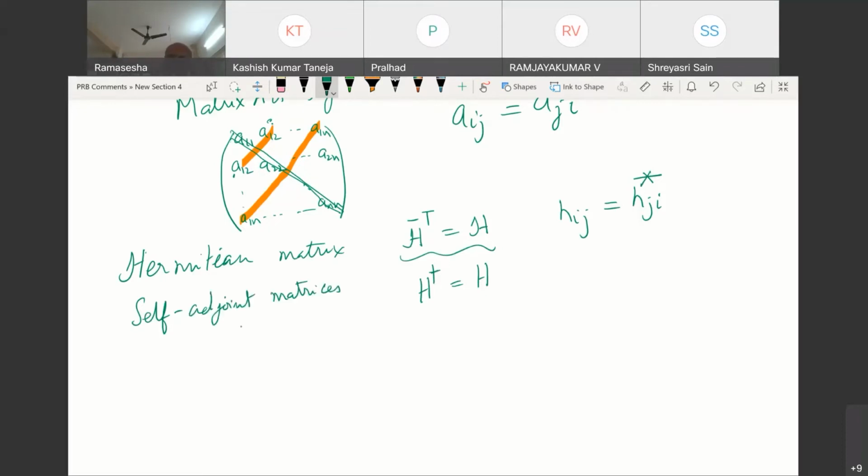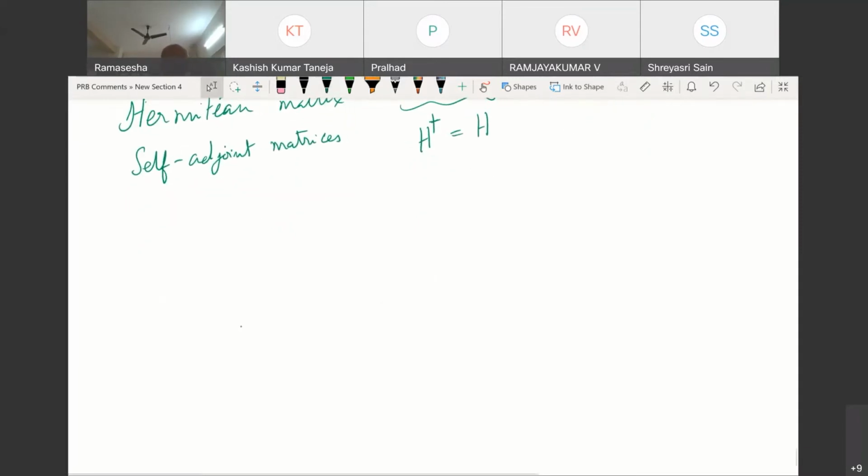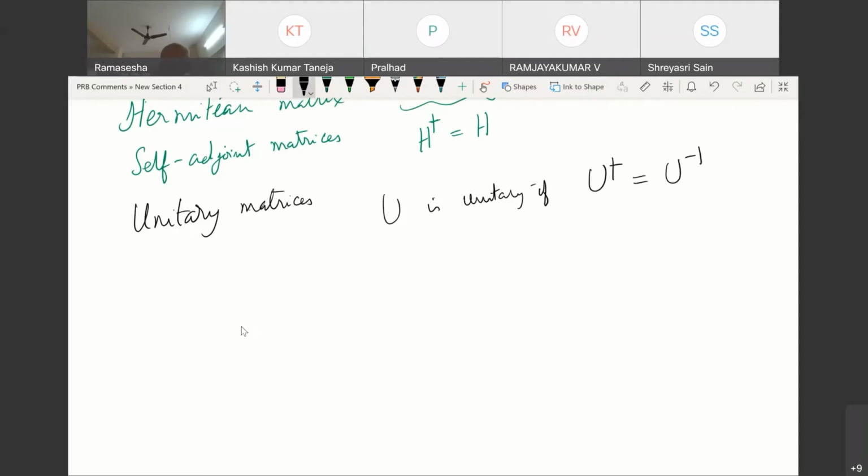Okay, and then there is a third type of matrix which is important, called unitary matrices. If the Hermitian adjoint of U is equal to U inverse, that means U dagger U equal to U U dagger is equal to the identity matrix. Okay, that's when you say the matrix is unitary.